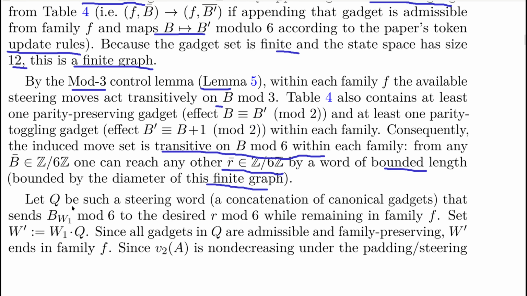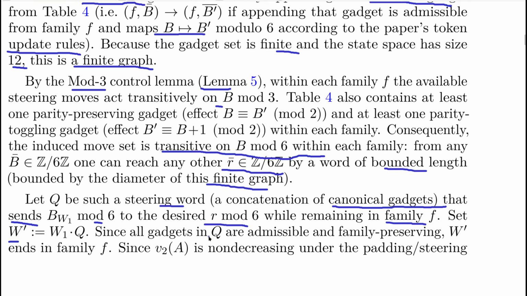So let Q be such a steering word, a concatenation of canonical gadgets that sends B(W1) mod 6 to the desired R mod 6 while remaining in family F. Set W prime, defined by W1.Q.